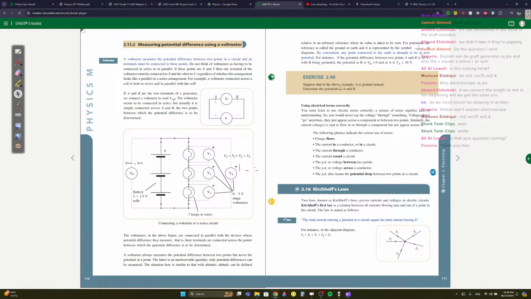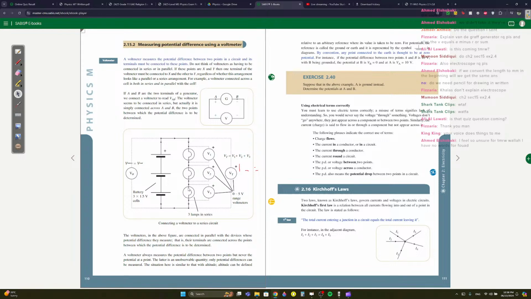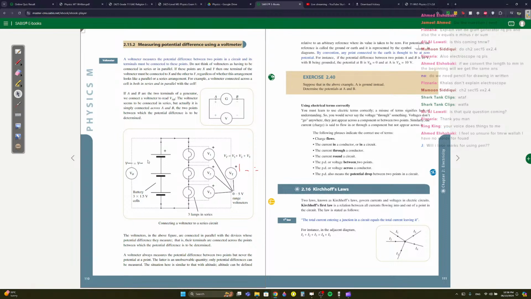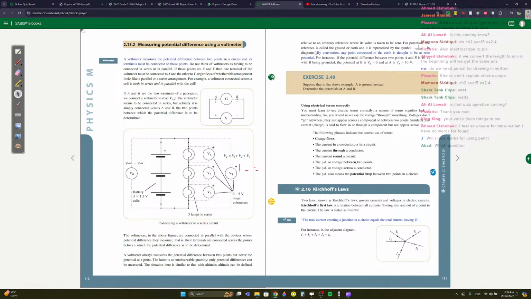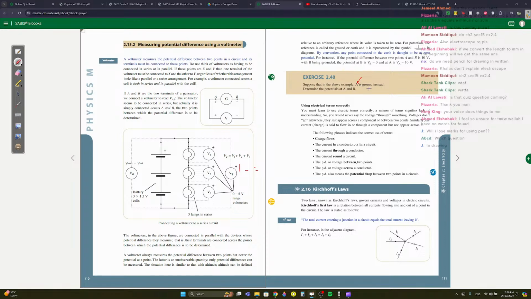Okay, determine the potentials at A and B. Okay, yeah, guys, come on, what's this stupid question?